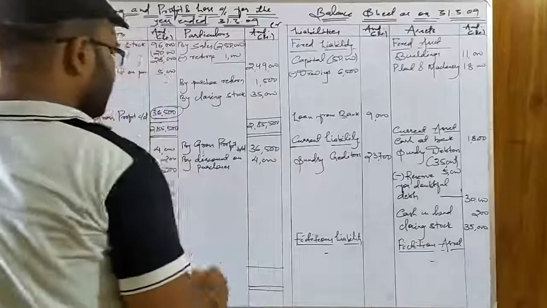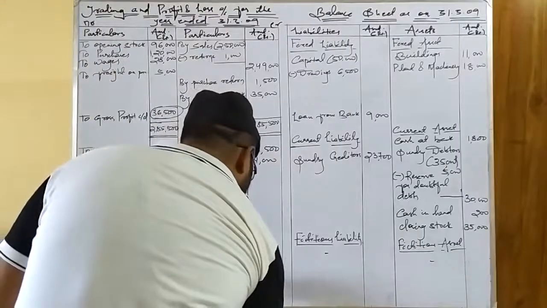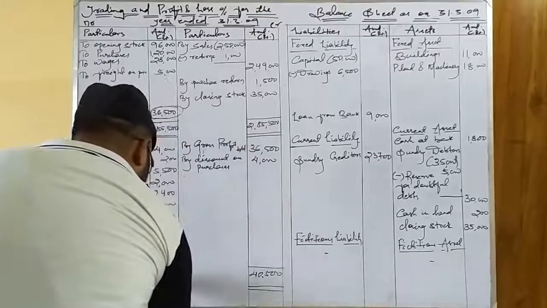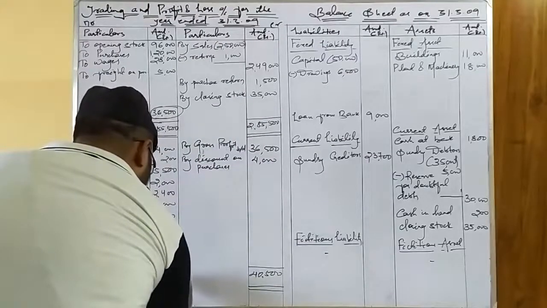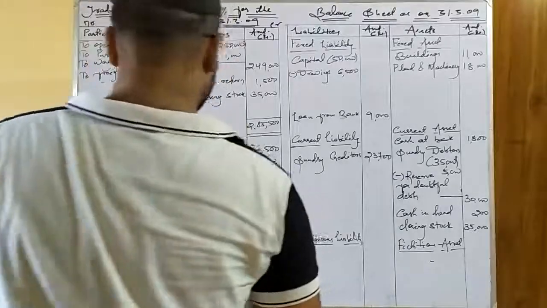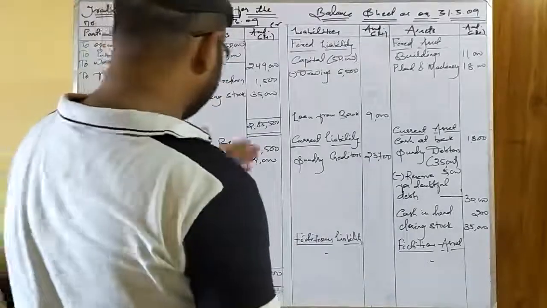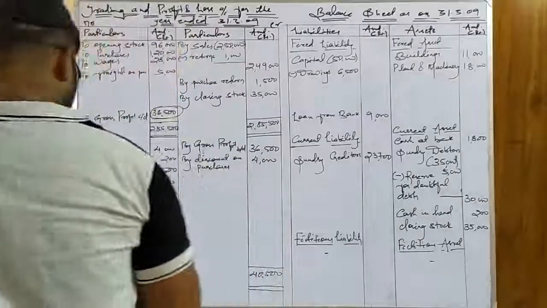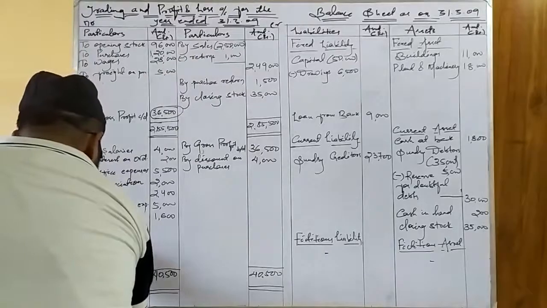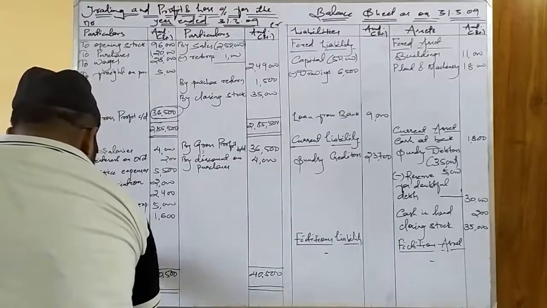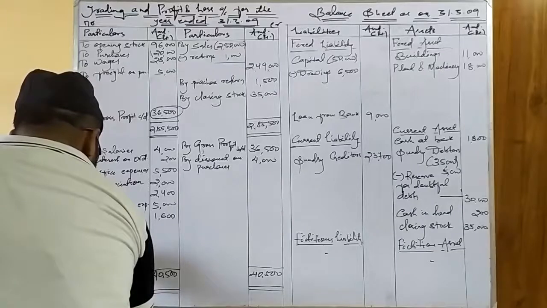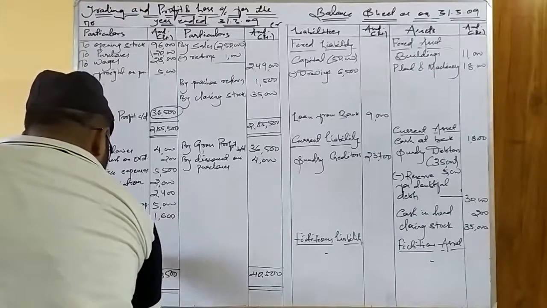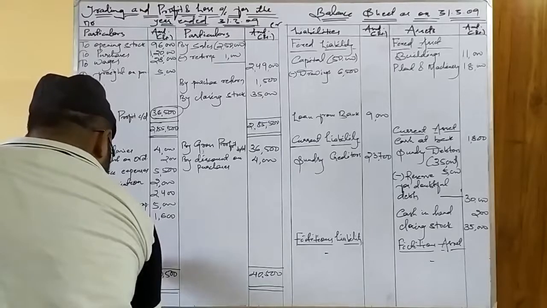So this total comes about 40,500. Okay, this total comes out 40,500. Now we have to make the calculation on the debit side. Since the credit side is more than the debit side, definitely we are having profit here. So I will write here profit. Later on we will make the calculation. To net profit transferred to balance sheet.